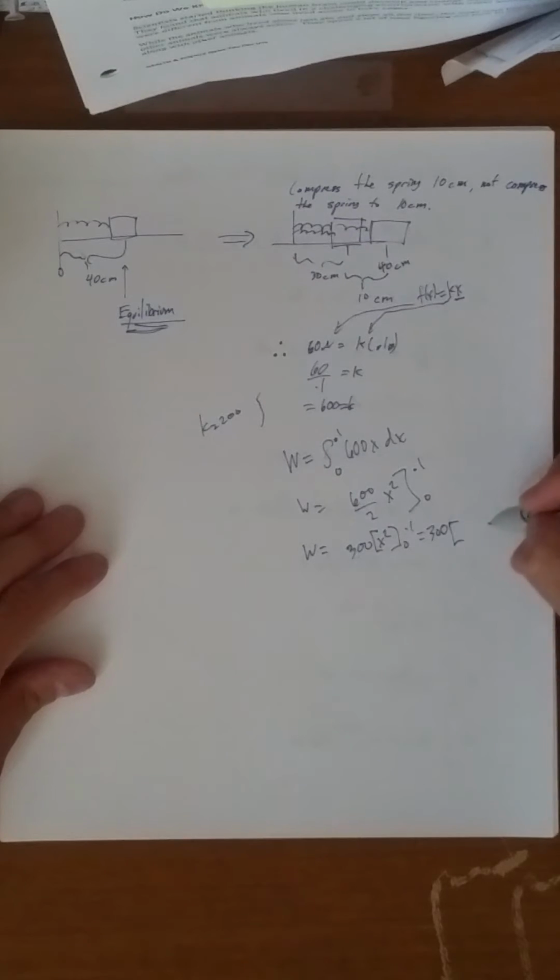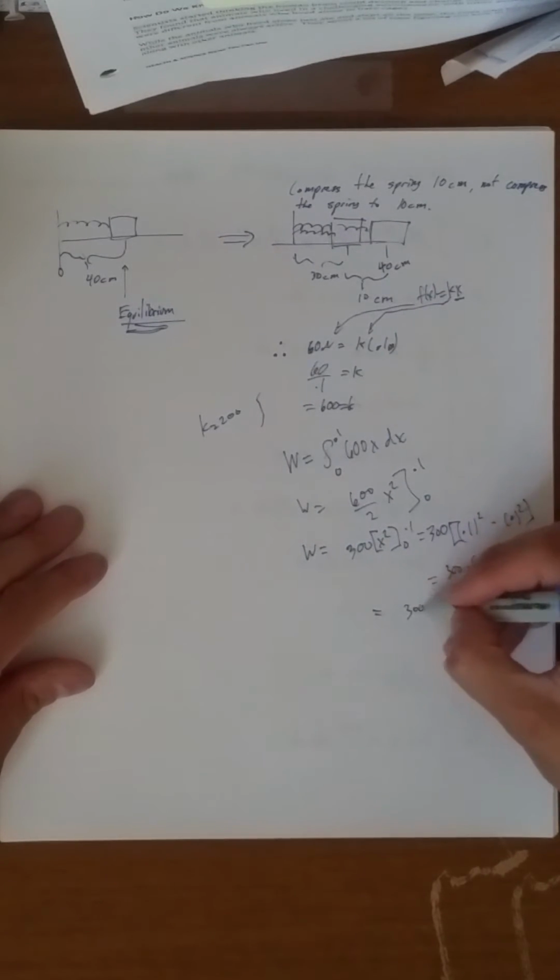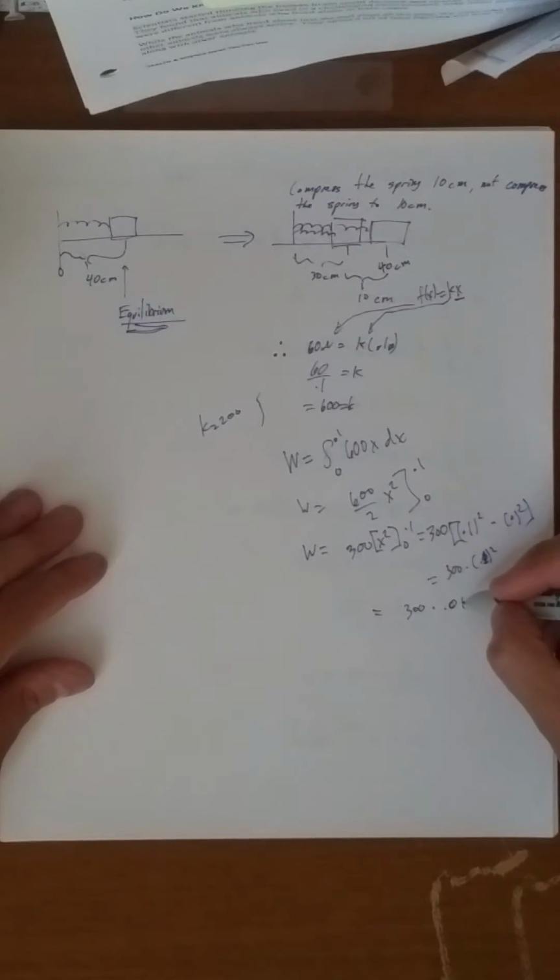It's 300 times 0.1 squared minus 0 squared, which is 300 times 0.1 squared, which gives us 300 times 0.01. And we simplify this one, and we should get 3 joules.